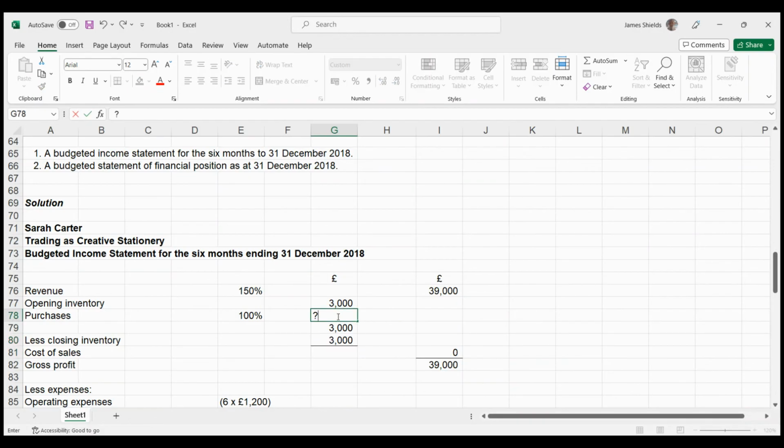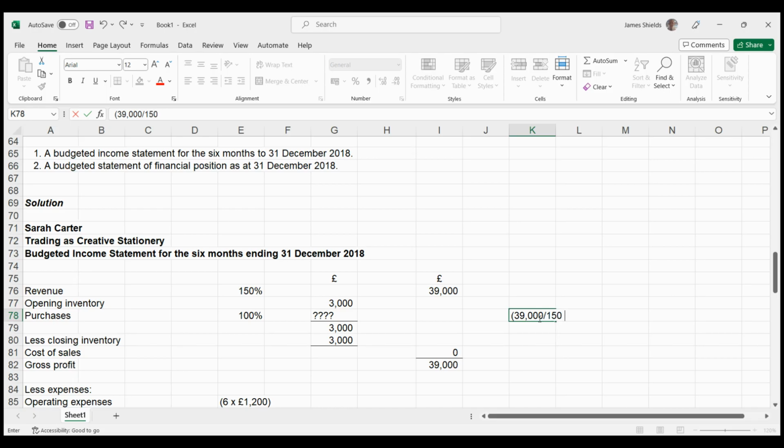Now we need to work out the purchases figure. So this is basically what we do. We know that the revenue is £39,000 and that represents 150%. To work out the purchases, we need to know what 100% of that amount is. So we just put a little calculation on the right. We take the 39,000, we divide by 150.